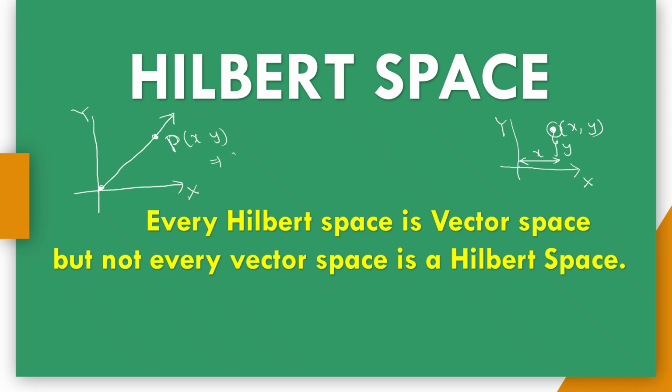We mention it as OP bar. It starts from O and ends at P, and it is represented like xi plus yj. Here it is direction specific. In the coordinate system there is no direction; we are just giving the magnitudes. Here it is direction specific.